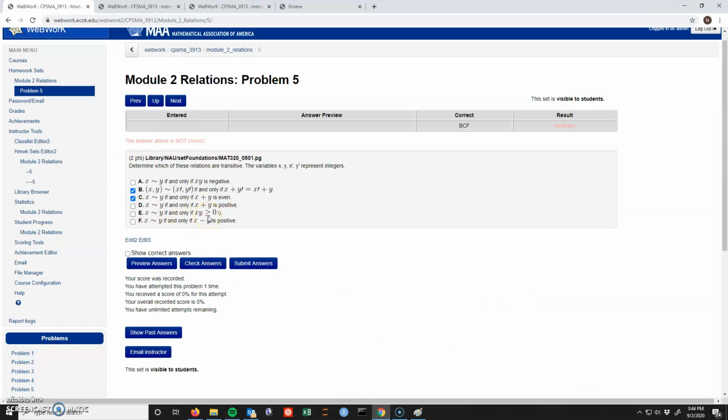Next one is the multiplication being positive, which is simply about x times y being greater than or equal to 0.